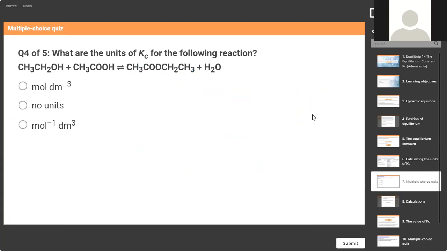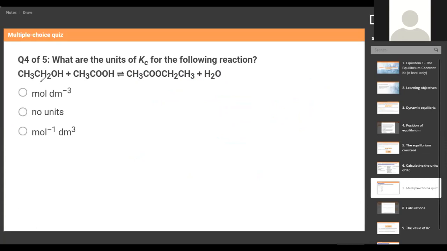What are the units of Kc for the following reaction? So a really quick way of doing this one, we just have a quick look and we go, okay, how many moles of this have we got? Well, we've got 1 mole here, 1 mole here, 1 mole here, 1 mole here. If we put them all out, I'm just going to do this really quickly. I know it should say mole.